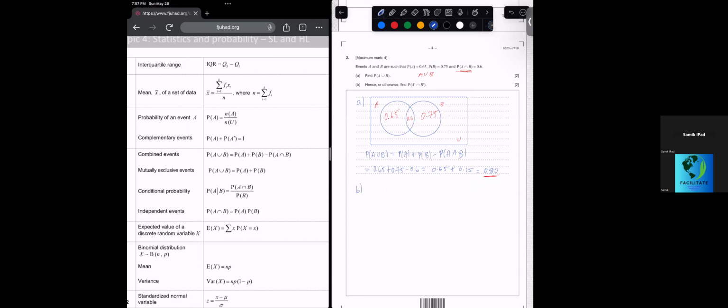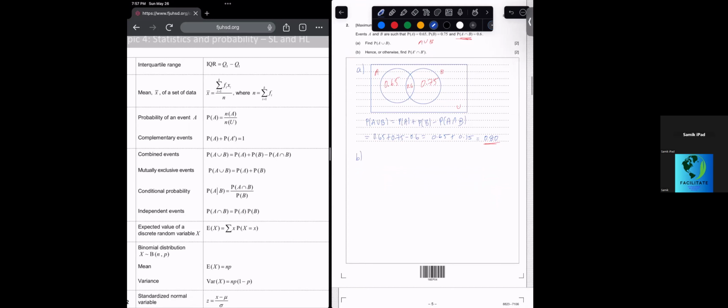So essentially a quick trick that you can realize in this is that A dash means not A and B dash means not B. Whenever there's a dash, it means not that. So all this is A dash and B dash like this when it's written. This is intersection, remember?